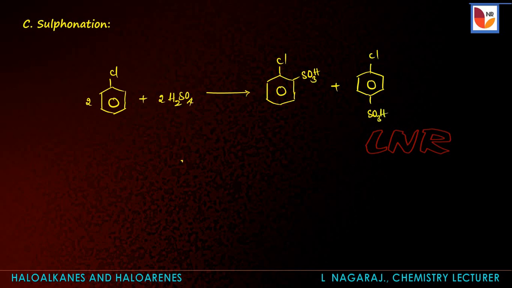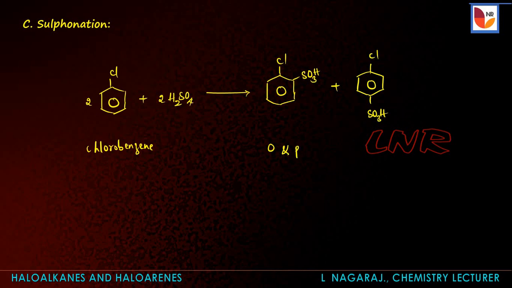So here the electrophile is SO3, that is, when chlorobenzene reacts with concentrated sulfuric acid, it gives ortho and para chlorobenzene sulfonic acid.